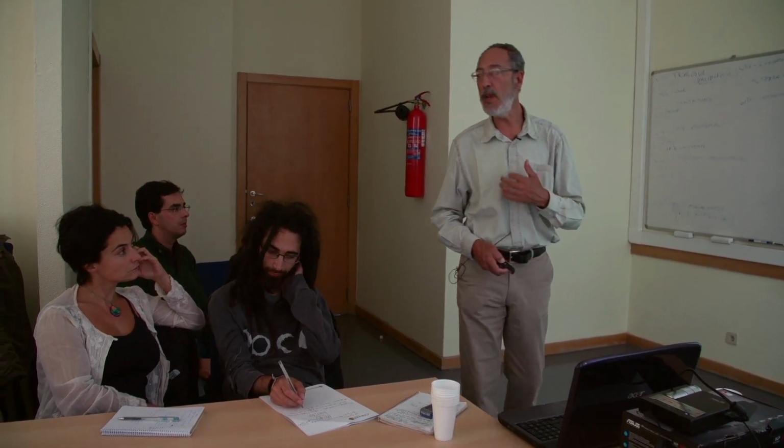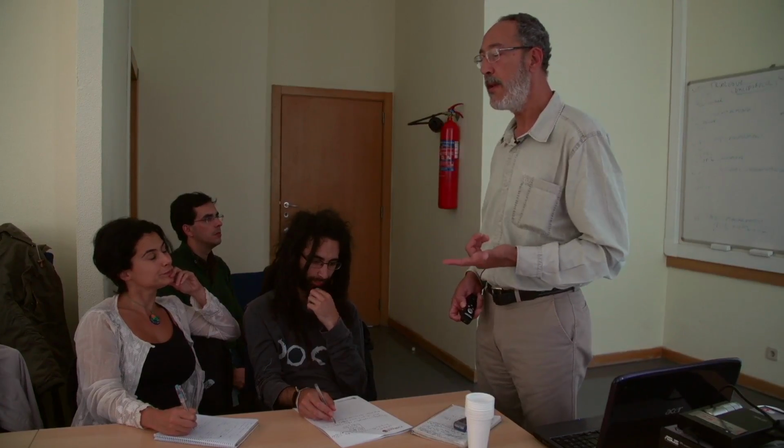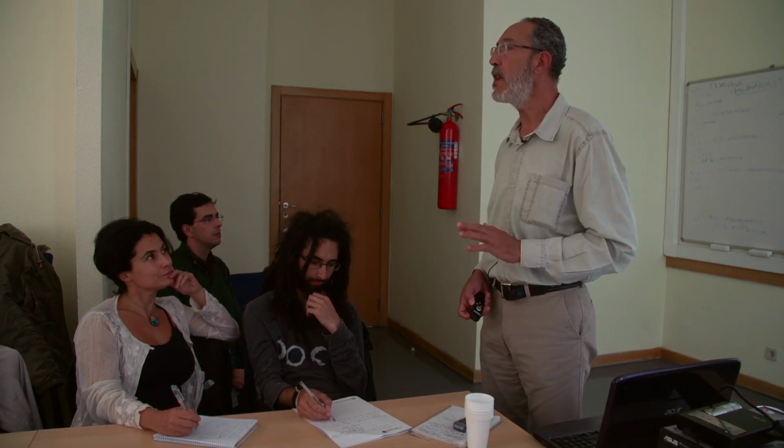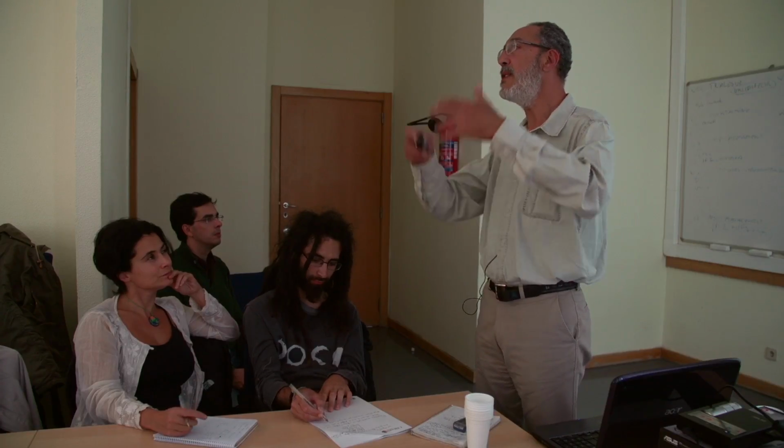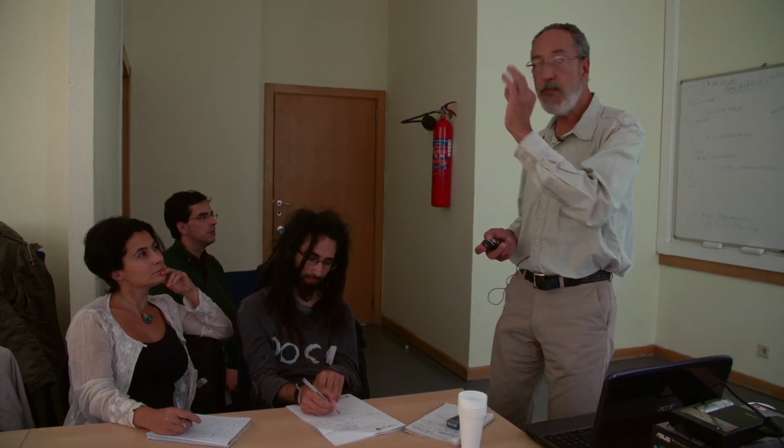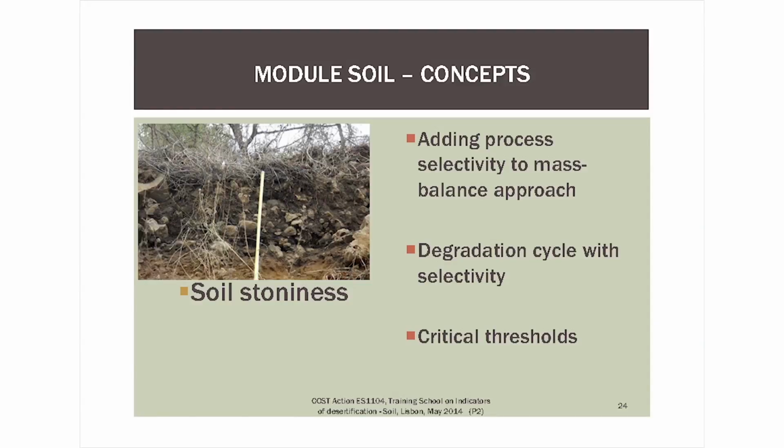If there is too much stoniness at the surface, it is because the finer ones went out. And if the finer ones went out, the erosion was too accelerated. And if erosion is too accelerated, we have a degradation process. And if it is under an arid environment, you have a risk, an indicator of desertification. This is very important. This one crossed with the stoniness to talk about desertification.